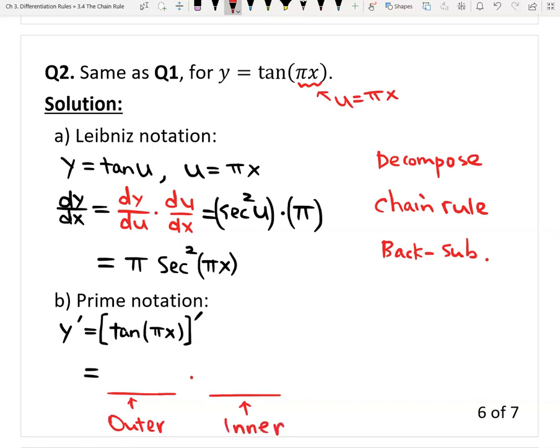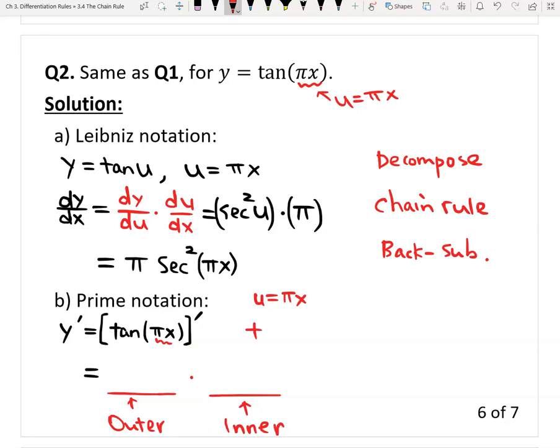So what is the outer, what is the inner? I think you can find this: pi x is the inner, u. So what is the outer? Plug u here, tangent u is the outer function.